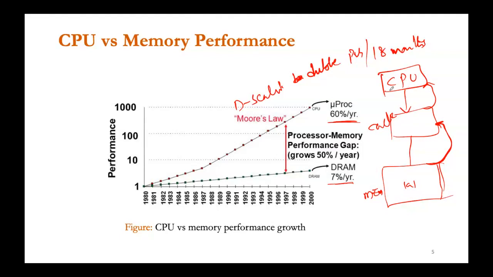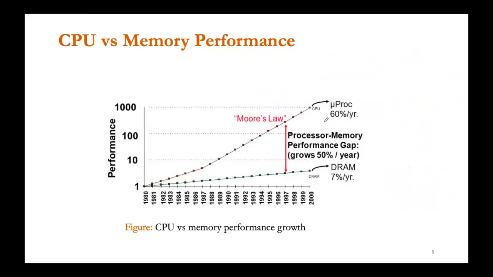During this time the CPU is in stall, it stops executing until it gets the data. So there is a huge gap between CPU and DRAM performance that grows 50% over the years, and that is why many CPU and cache design mechanisms are required.